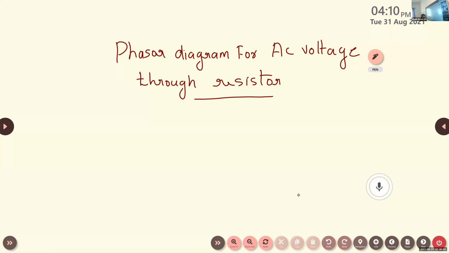Phasor is a vector which rotates about the origin. And phasor diagram, write a small definition for phasor diagram. Phasor diagram is used to represent the phase angle.